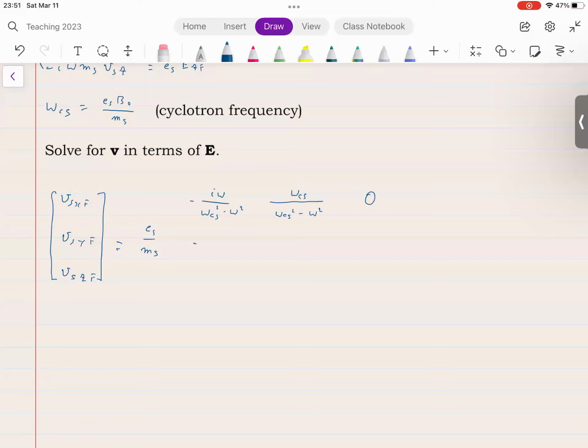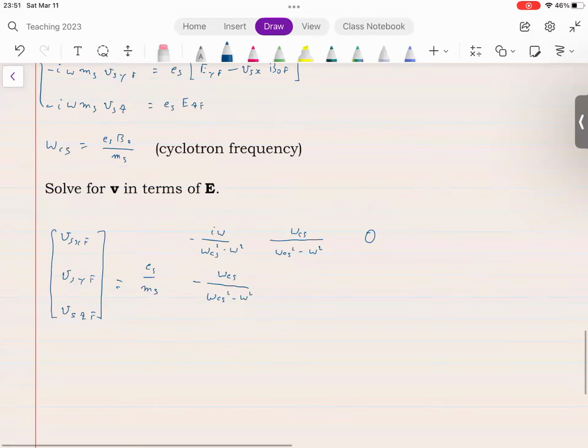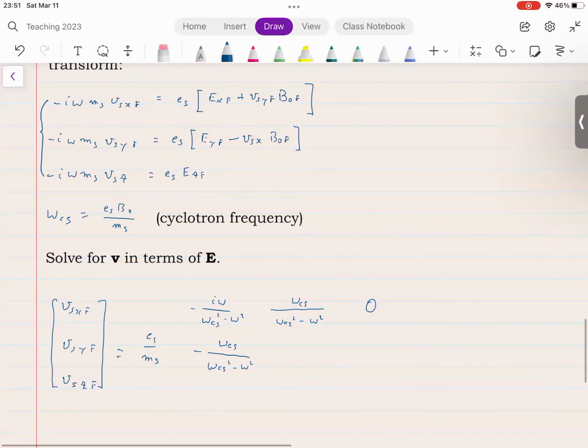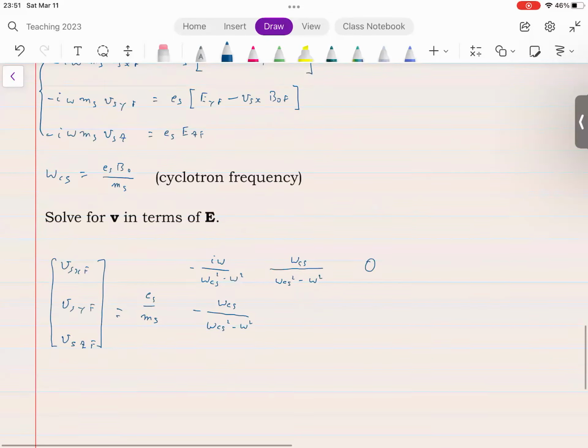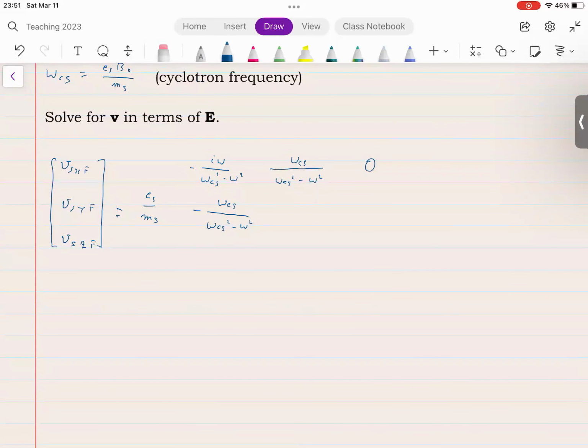This one is similar, except for a sign. It's a sign that comes out of the difference in sign between Vx and Vy in the equations of motion. Okay, I got this piece, and then the other piece, which is the same, i omega divided by omega cyclotron square minus omega square, and 0.